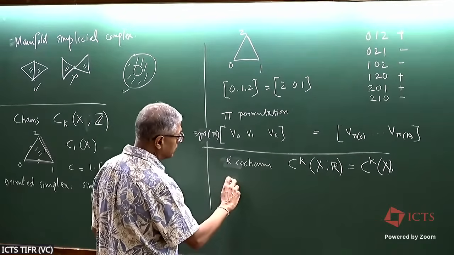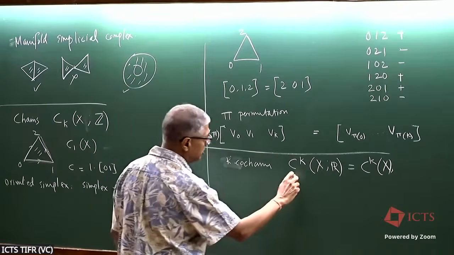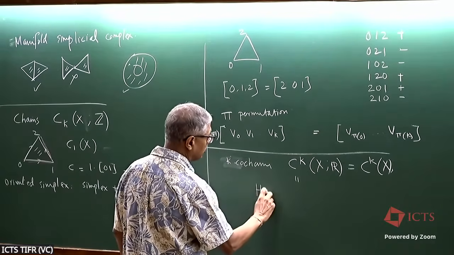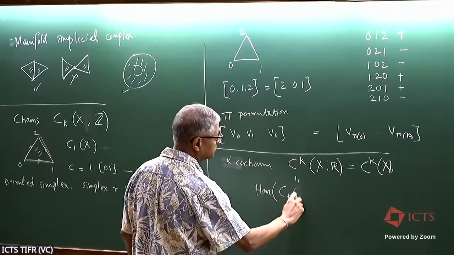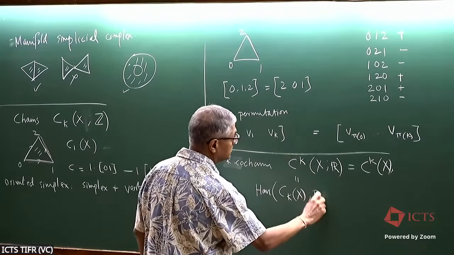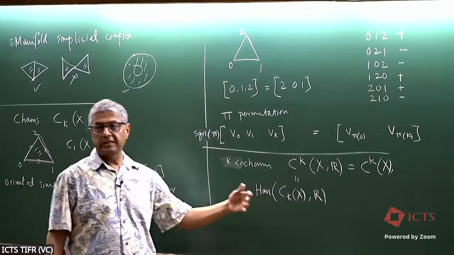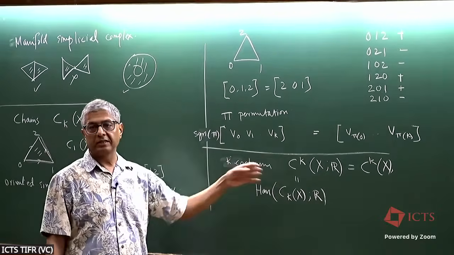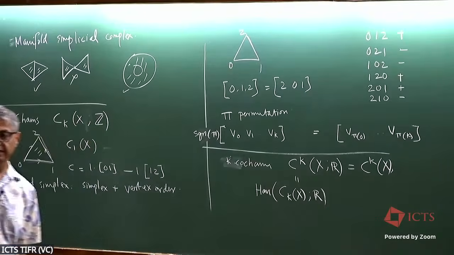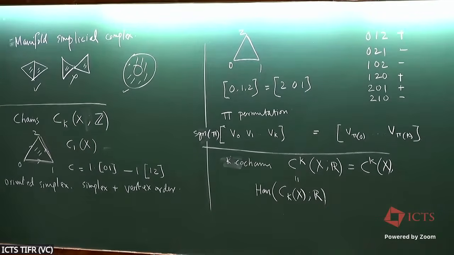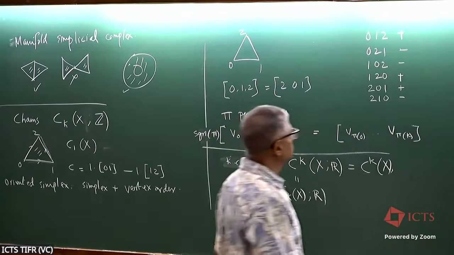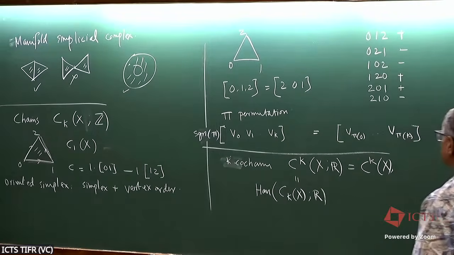This space is the set of homomorphisms from the chains to the reals. If these were real valued chains, we wouldn't have to use a fancy word. We could just say these are linear maps from the chains to the reals. It's just the dual space.